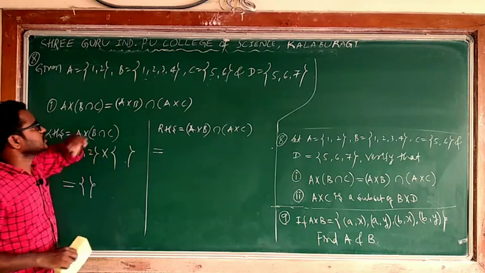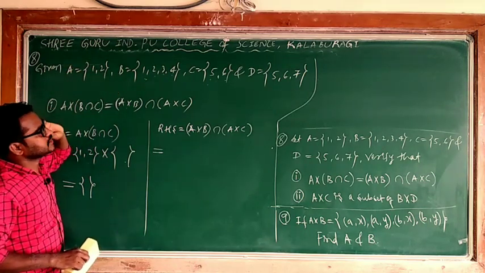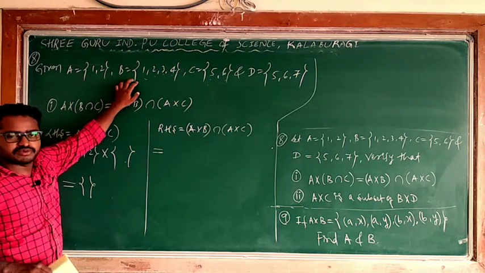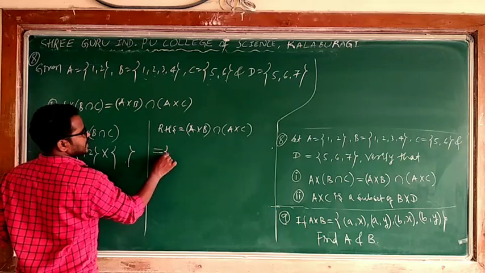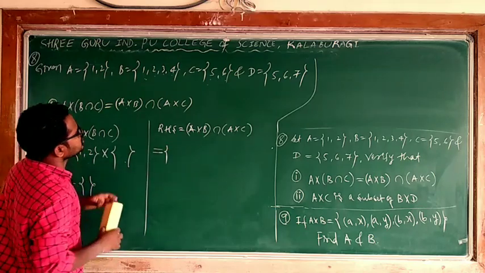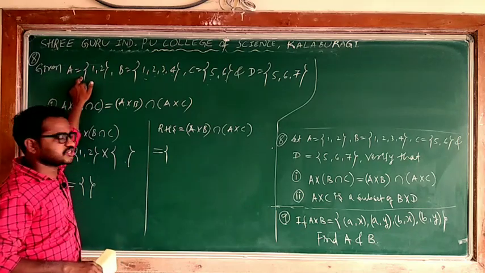There are 2 into 4, which means 8 ordered pairs. Now I will write A cross C, and later I can collect the common elements.